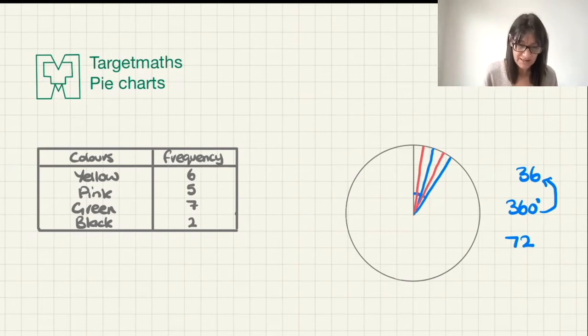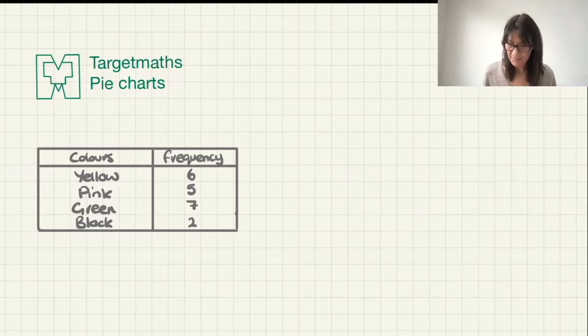So let's forget the background information and go through those steps. So we're going to take the same order every single time. So the first thing that I have to do is get my total, get the total number of people that have been surveyed.